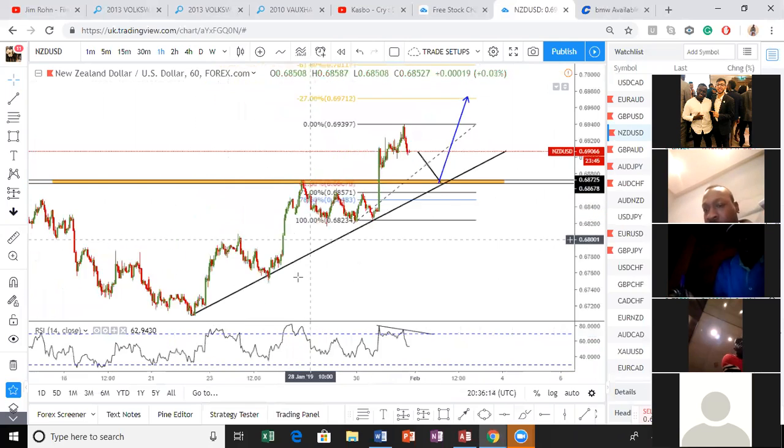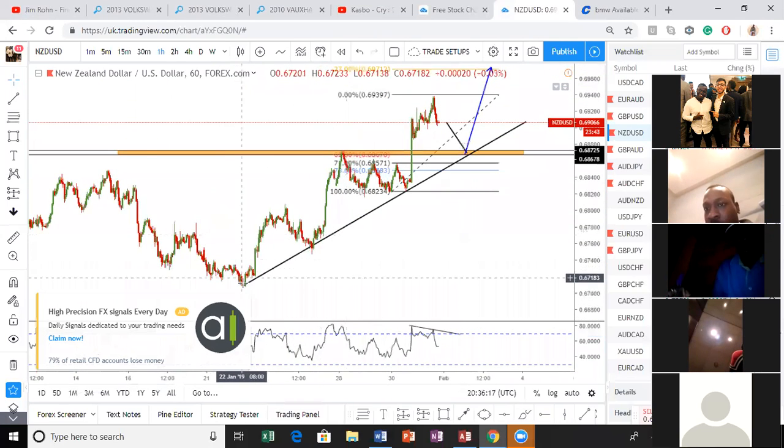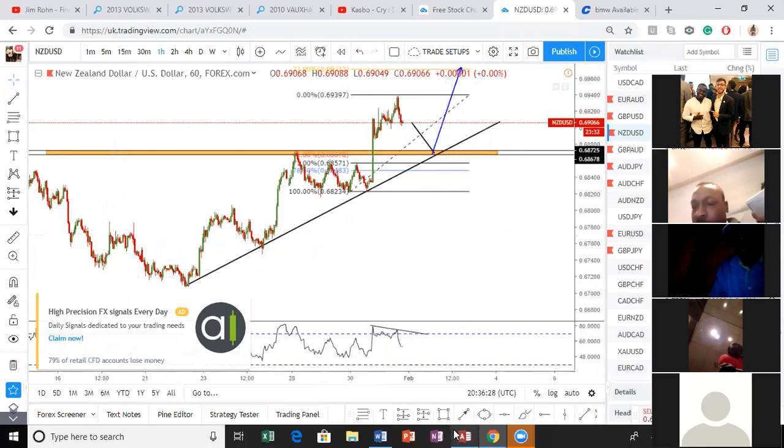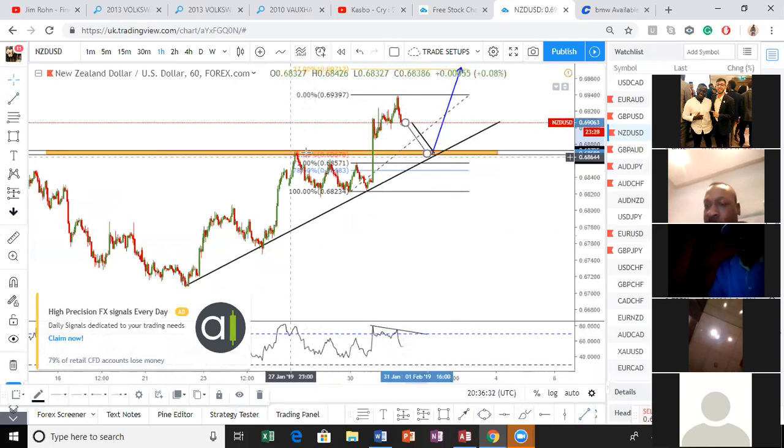So this is my next move. Okay, it's on an uptrend. On an uptrend: high, low, high, low, high, low, and a high. The market needs to make a higher low. Plus there is a trend line. What I would like to see is price coming down to this 61.8, which was a previous ceiling.